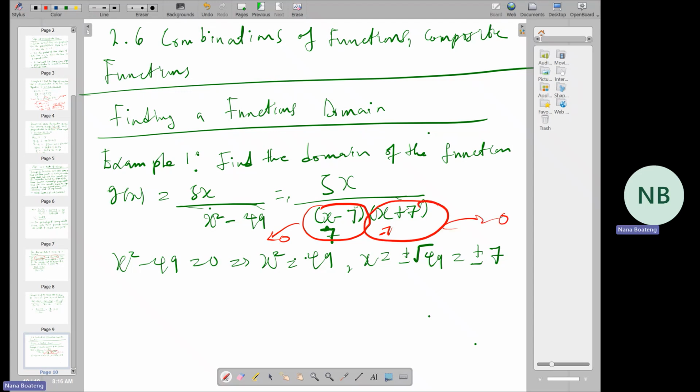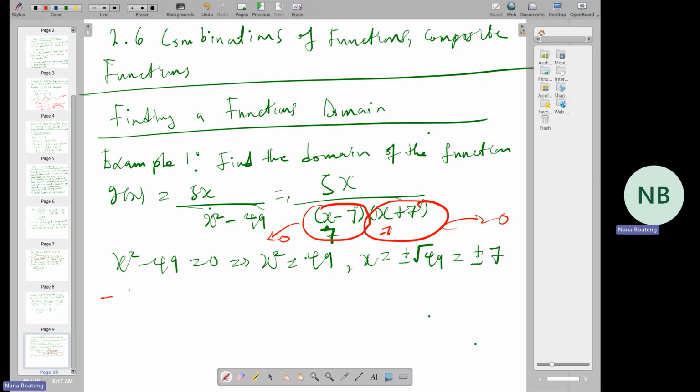But we cannot have a 0 at the denominator because the function will be undefined. So we conclude that the domain of this function g of x excludes positive 7 and negative 7 because those make the denominator undefined. All right, so let me write that down.